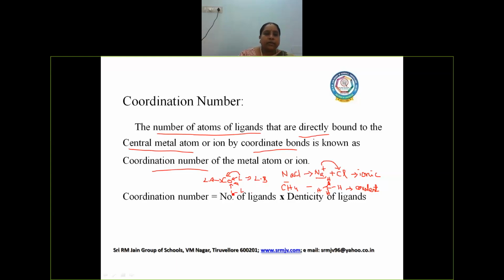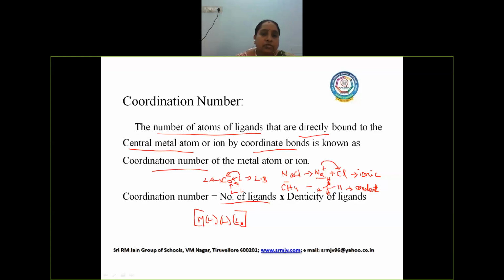Okay, right. So how to calculate the coordination number? There is a formula to calculate the coordination number. We have to take the number of ligands. How many ligands are present inside the sphere? That is very, very important. For example, if we have a sphere like this, the metal atom can have one ligand or more than one ligand also.